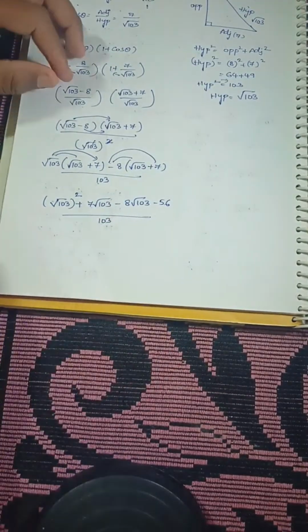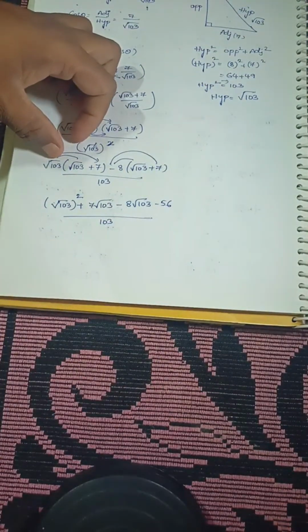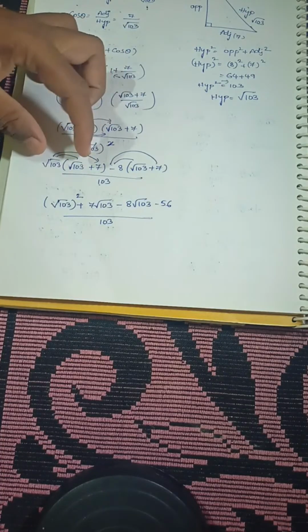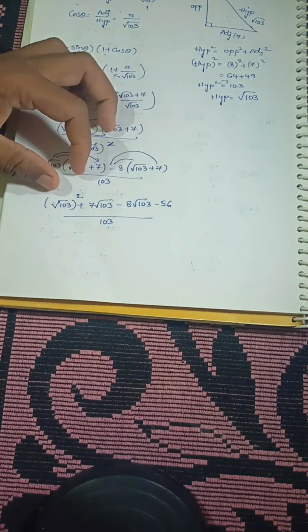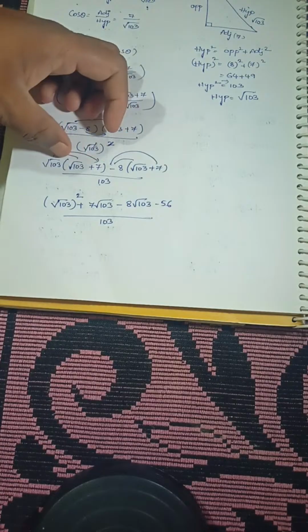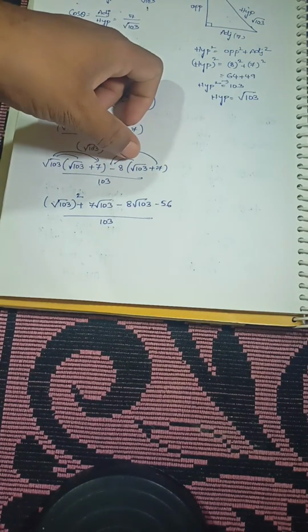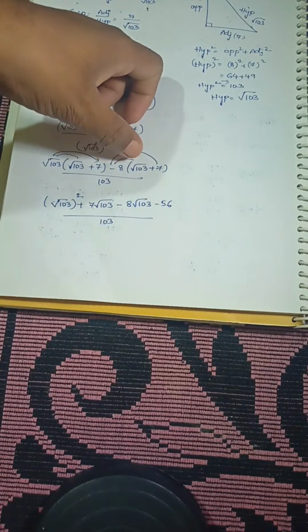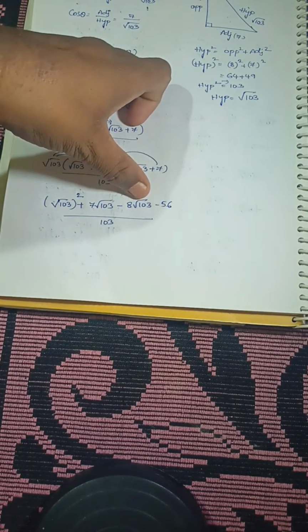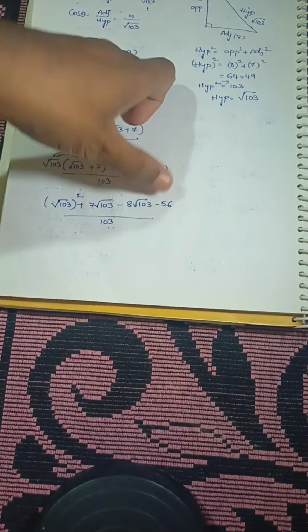I am explaining once again, listen here. Root 103 into root 103, both are 2, we get root 103 whole square, plus 7 root 103, plus minus 8 root 103, plus minus 8 into 7, minus 56.